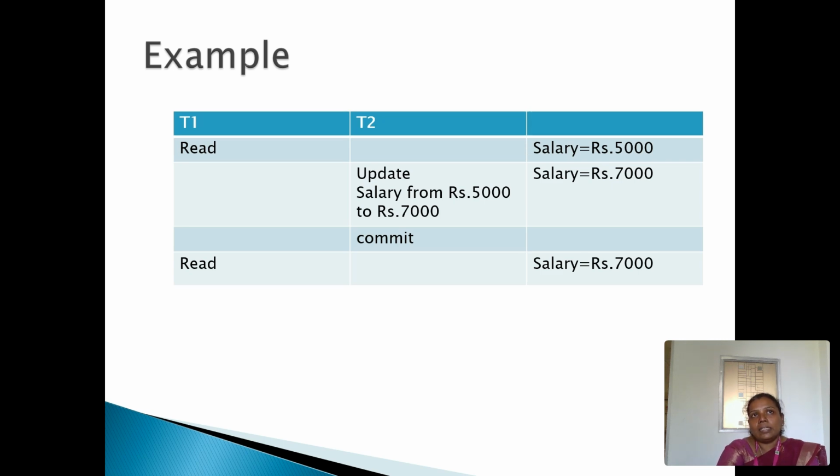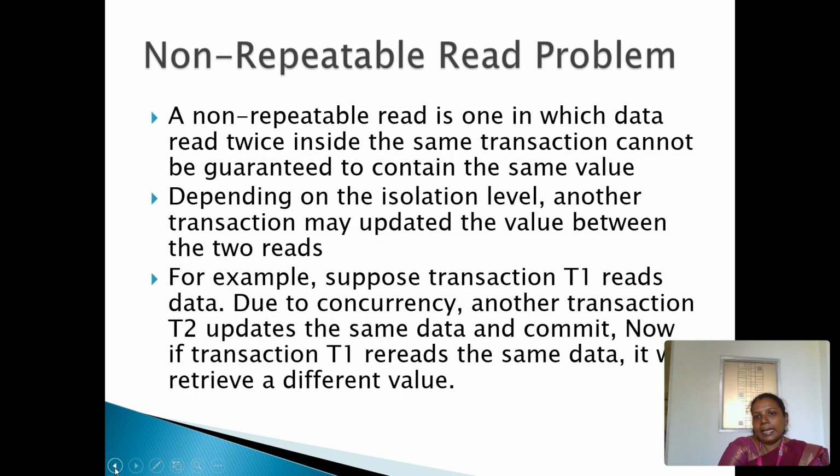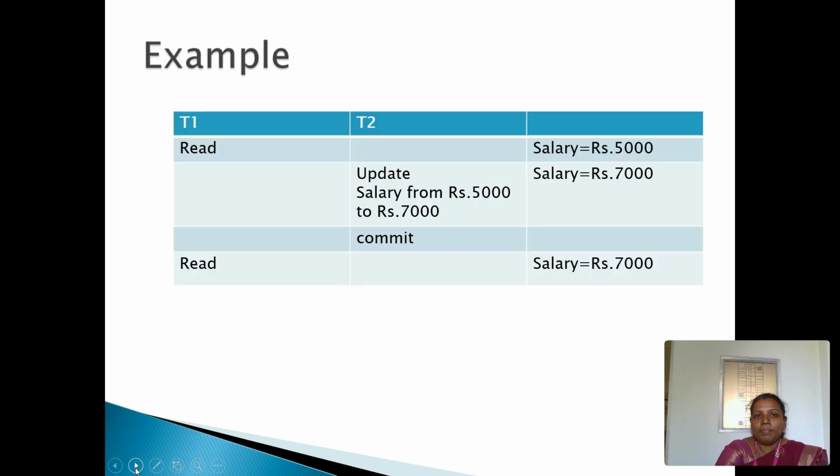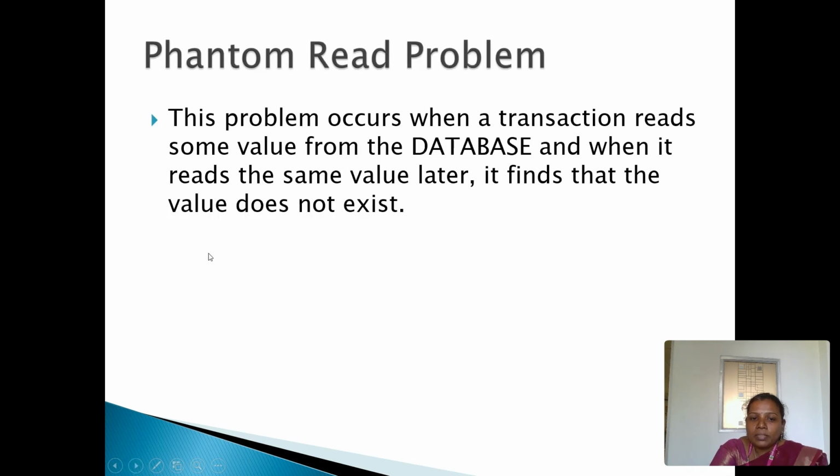When we read the data two times in the same transaction, we can't say that the value is the same. So that is the non-repeatable read problem. Then the phantom read problem occurs when a transaction reads some value from the database, and when it reads the same value later, it finds that the value does not exist.